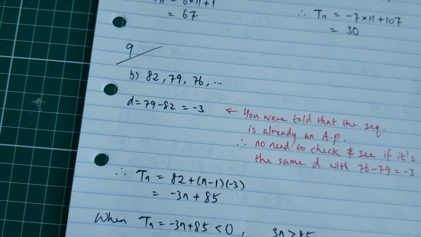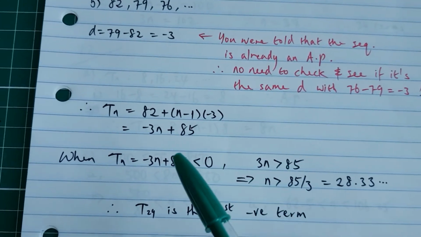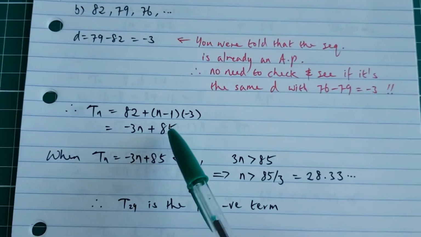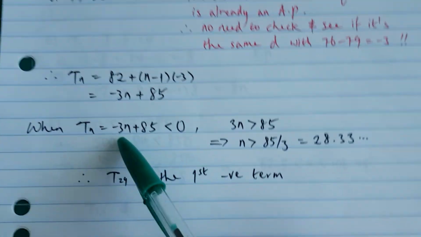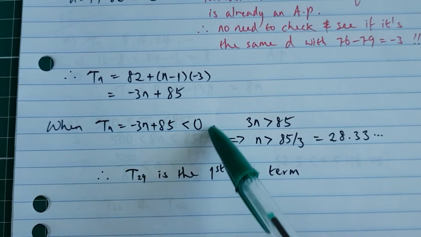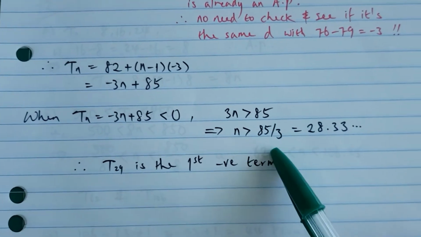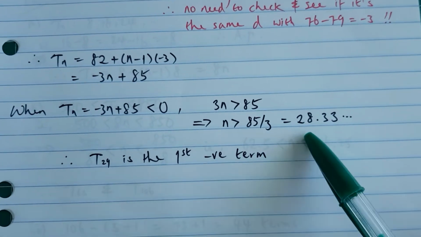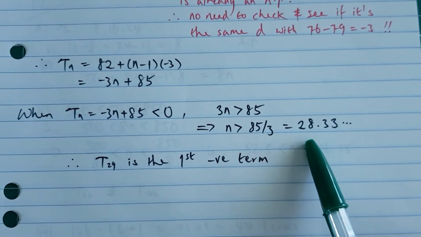Now the second part of this question was asking, when does this sequence become negative? So that means you need to set the nth term less than 0. So basically you're trying to solve this inequality, which gives me that, and therefore n has to be greater than 28.33, which means the 29th term.